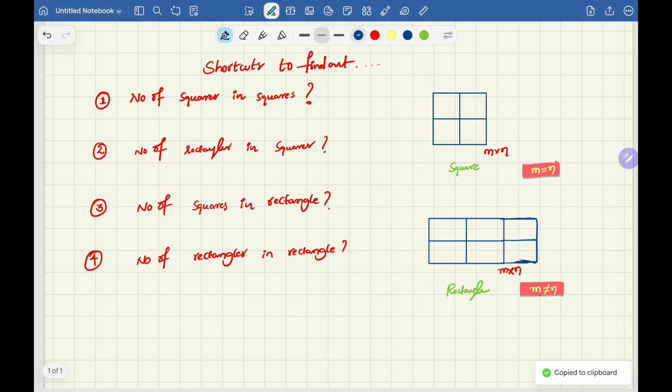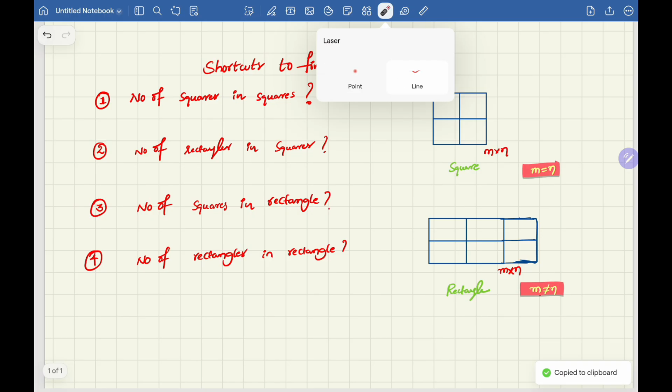Simple thing. If you see here, it is a square. Square means number of rows equal to number of columns. Here I have given an example like this, and here I have given you a rectangle. So here number of rows is not equal to number of columns.